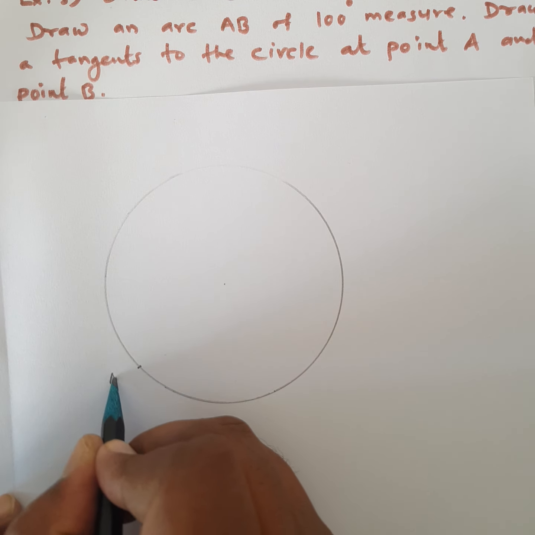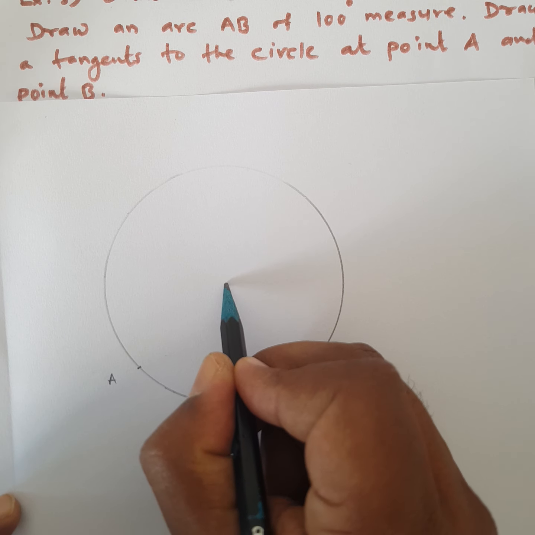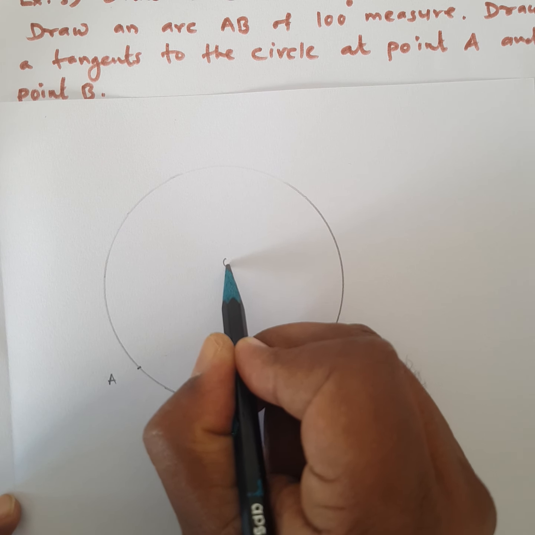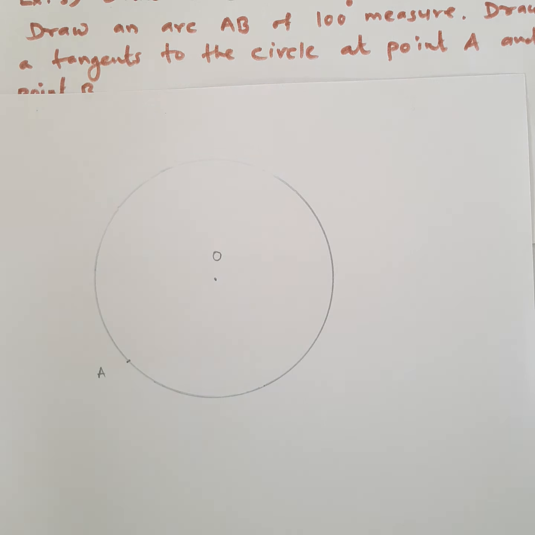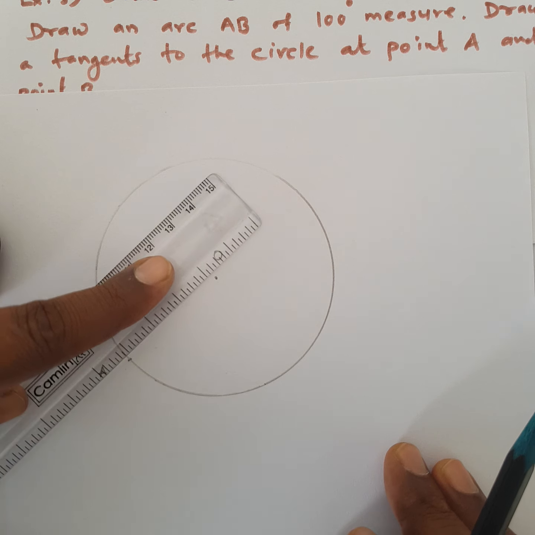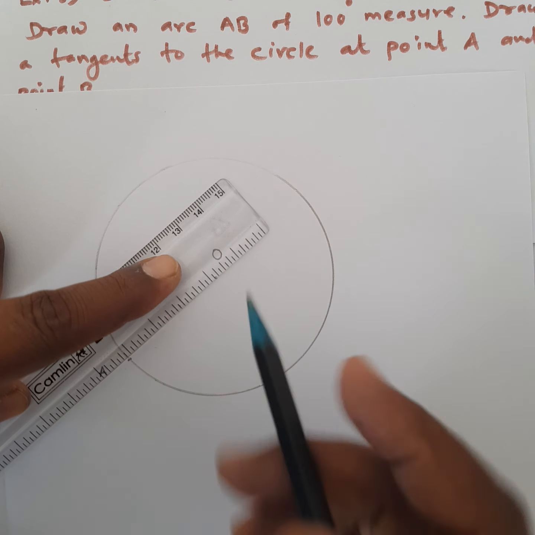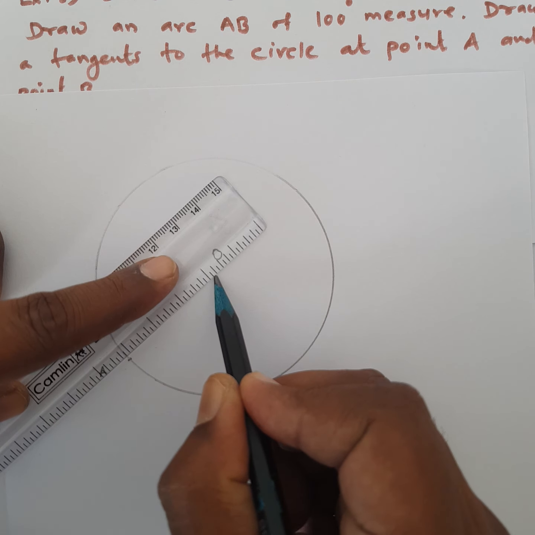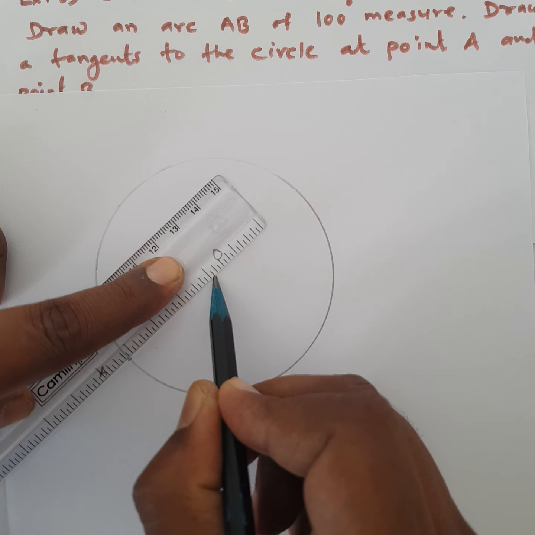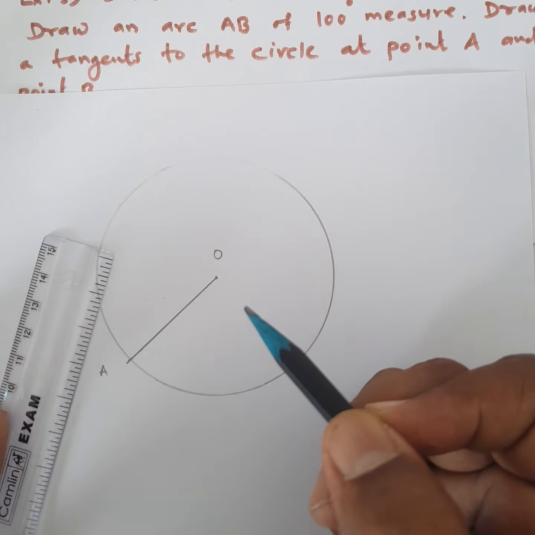Suppose it is point A. This is the center of the circle, suppose O. Now the measure of the arc is the measure of its central angle. Therefore we have to take a central angle of 100 degrees. This is one arm of that central angle, AO.